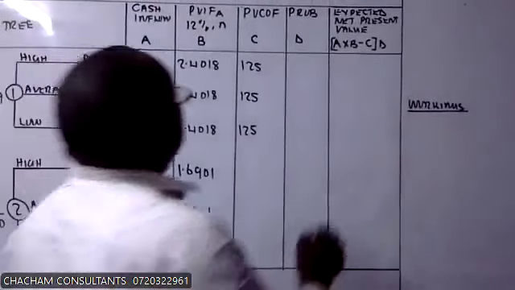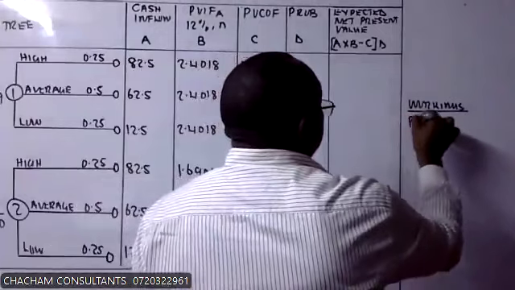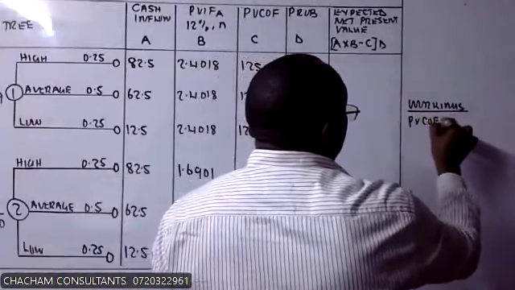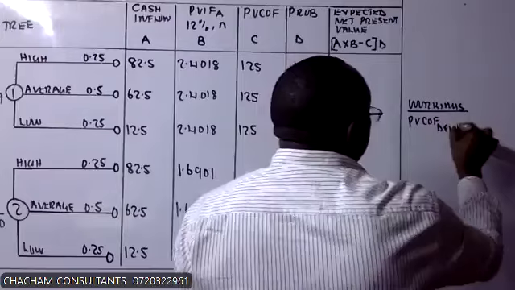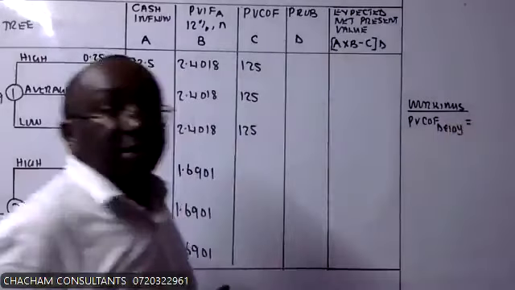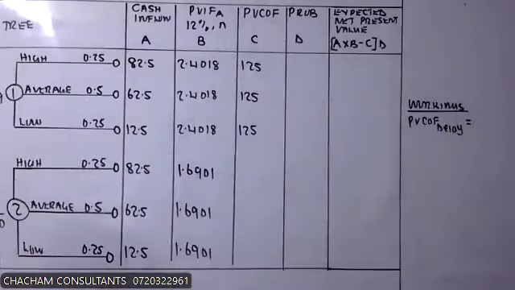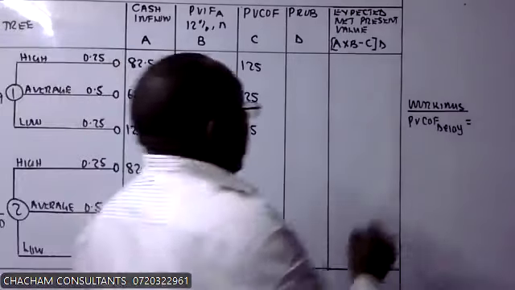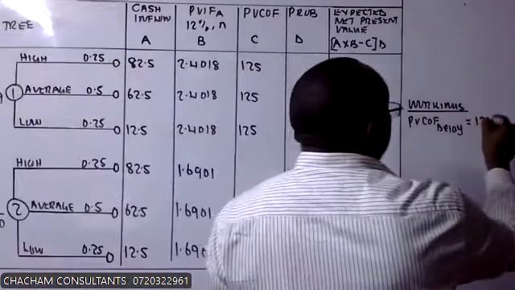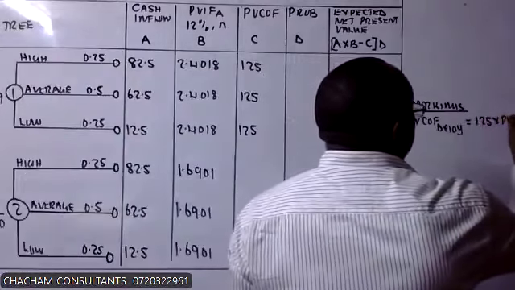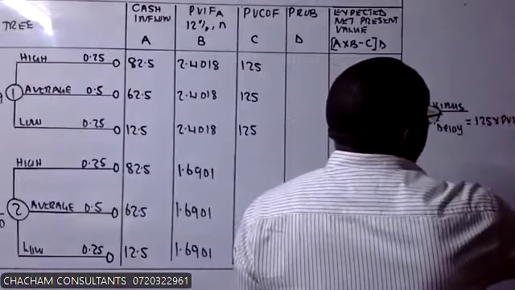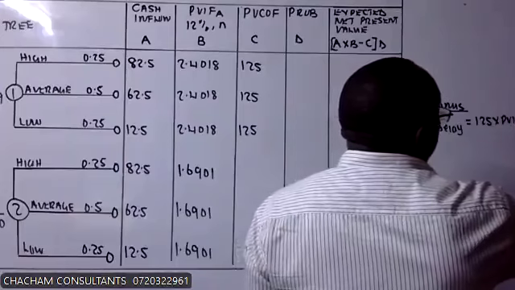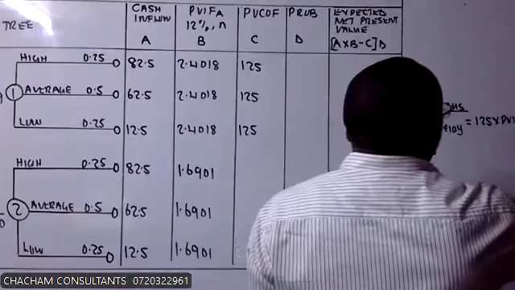So this, the present value of cash outflow, where there is delay, we will need to discount it. It will be 125 times the PVIF at 1 year and 12%.